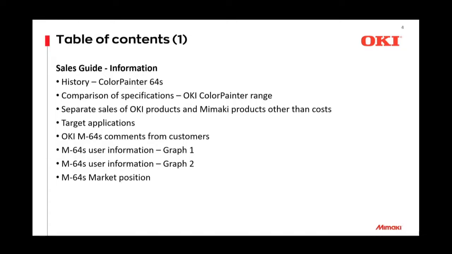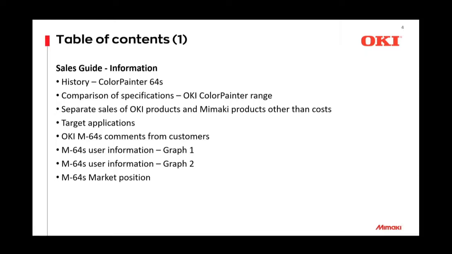All right, table of contents. So on the M-64s, we've got more detailed sales information that we want to run through. This is going to be the core product. The H3-104, yeah, we're going to have opportunity, but we'll probably have higher range of sale opportunity on the M-64s. So we want to run through a bit of the history.